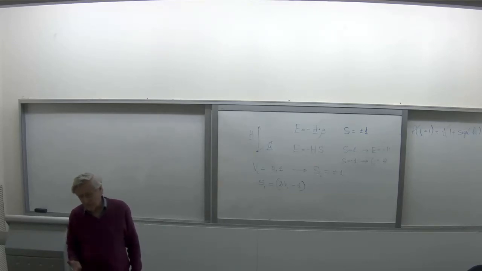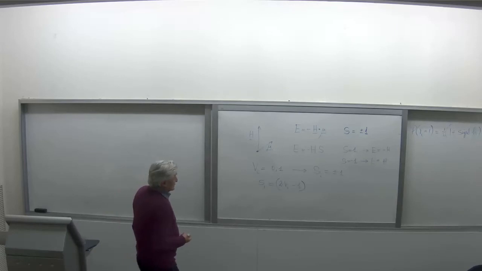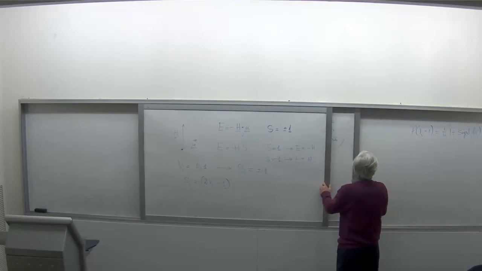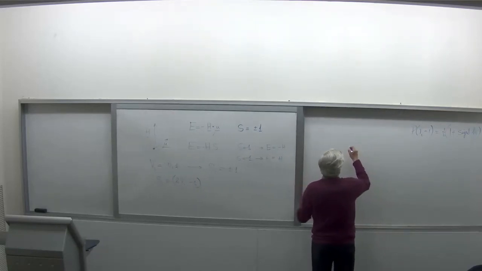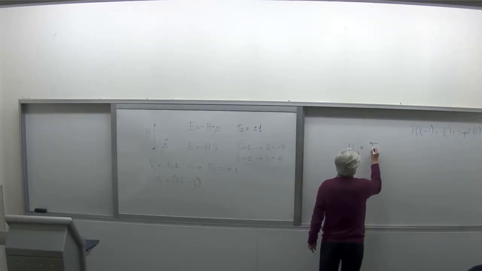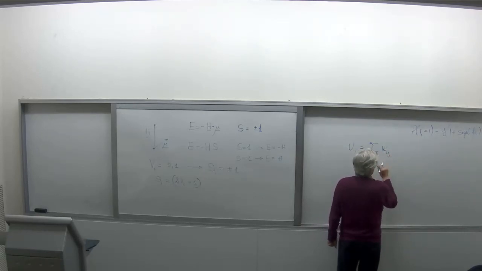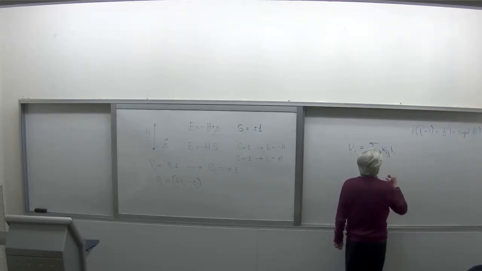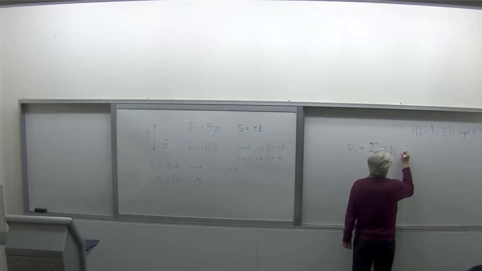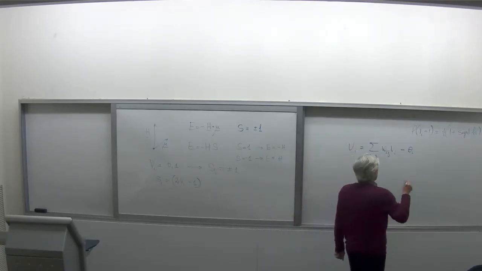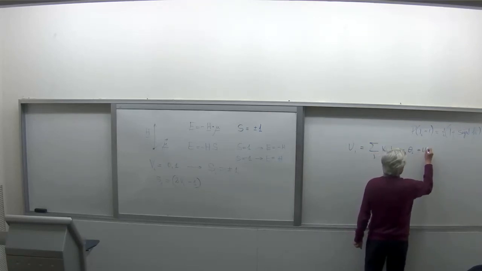What do we have to rewrite now? We have to rewrite the expression that we had before for U of I, which was the sum over J of Wij VJ minus theta I, the threshold, and I could also add some UI 0.